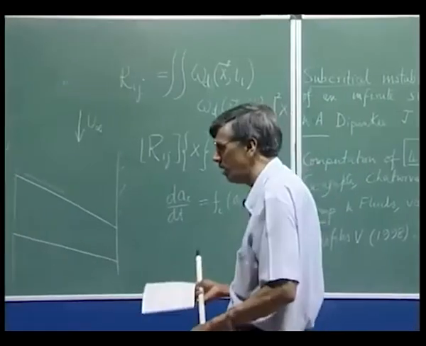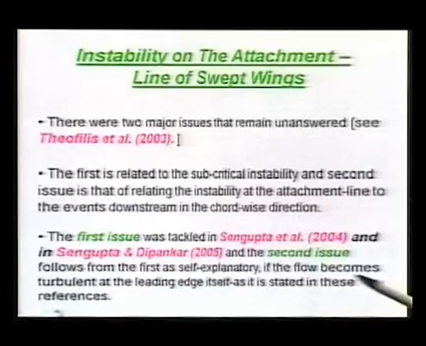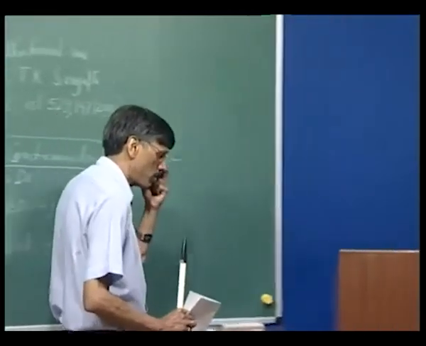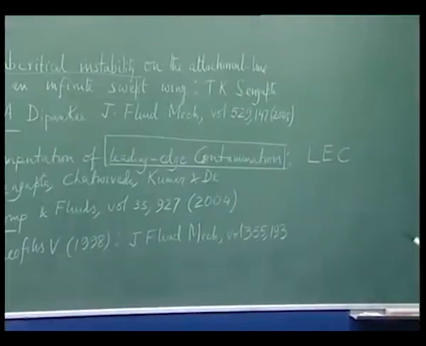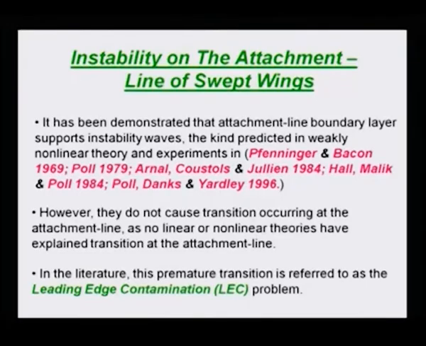So these are the two issues that one did not know in 2003, and at least the first issue of the primary instability was explored by us in these two papers, and that is what we are going to discuss now.